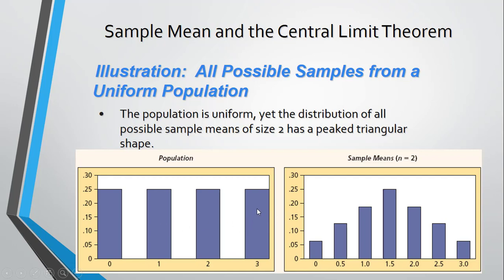The mean will be 2, etc. You can do this over and over, taking samples of size 2, and in the end, the probability distribution for sample means with n equals 2 is something like this. You can see it's very much like a normal distribution.